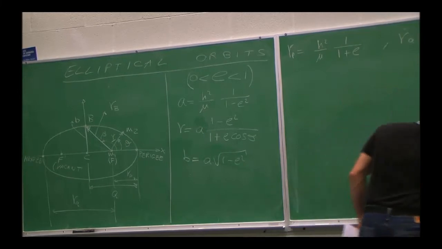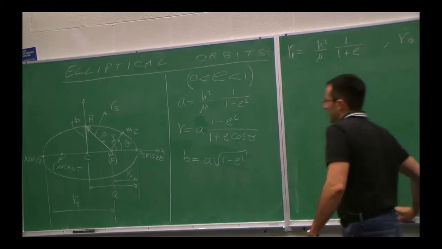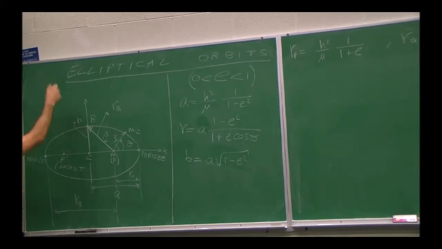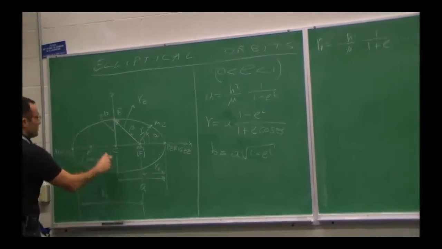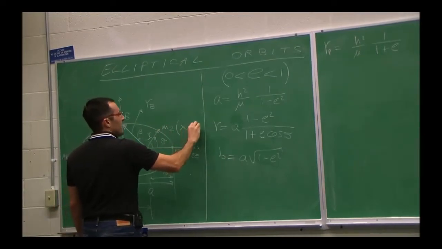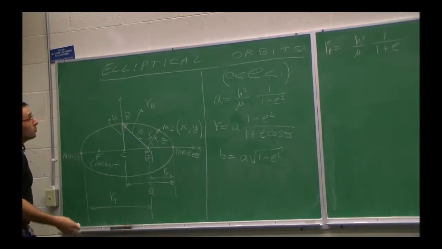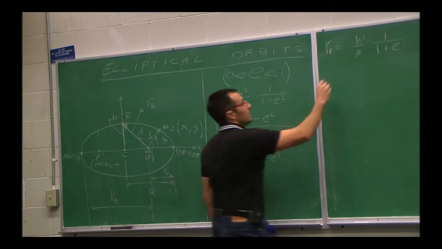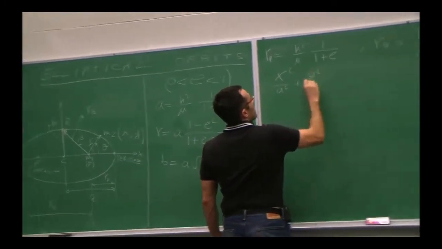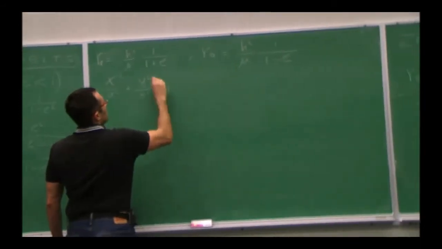So I want to prove what I told you before, that if I choose the line of perigee as the x-axis and the normal through the center between perigee and apogee as the y-axis, and I call the position of M2 with a generic x and y, then x squared over a squared plus y squared over b squared equals 1.